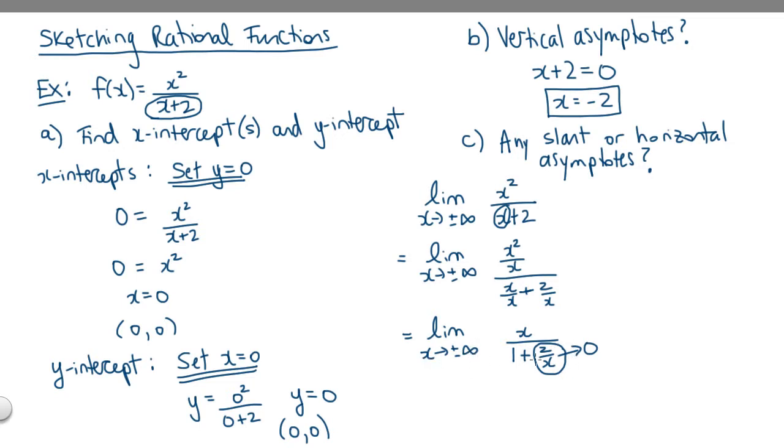So either way, this term is going to 0. So what we've really got is the limit as x goes to plus or minus infinity of just x, because we've got x over 1 plus 0. So just simply x.